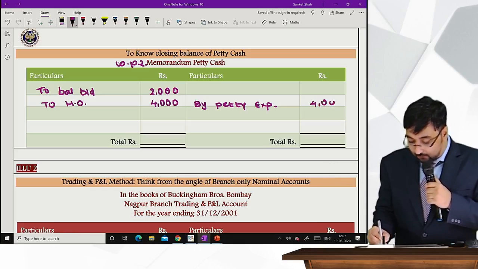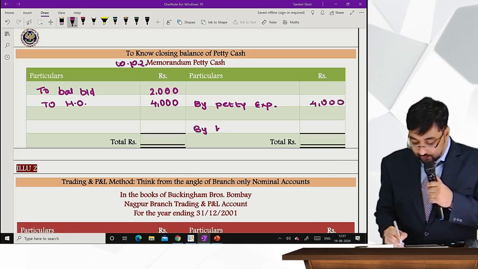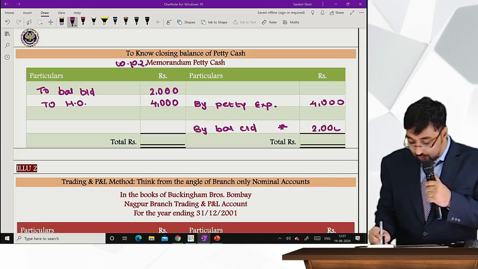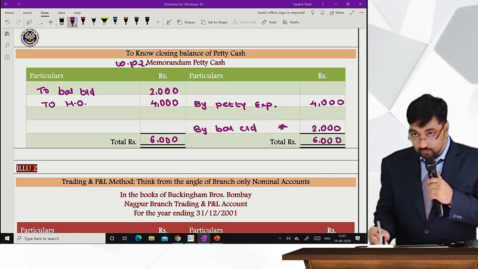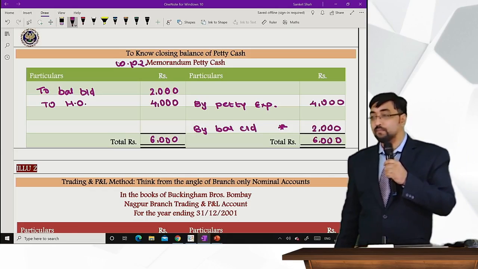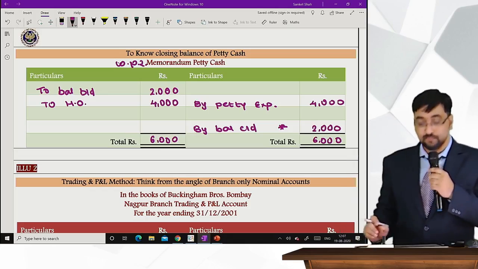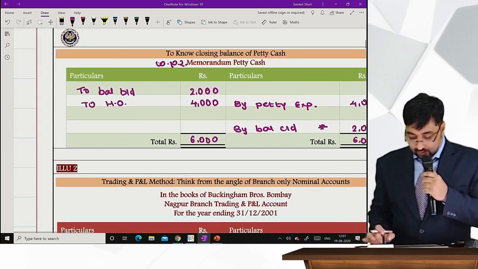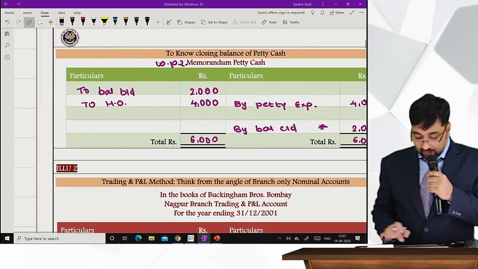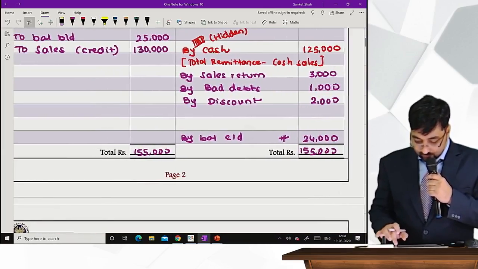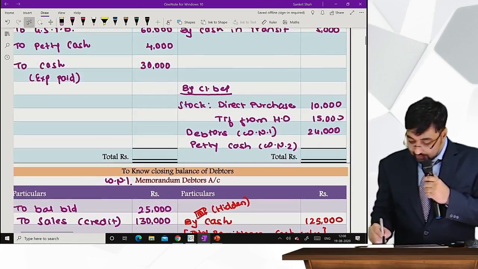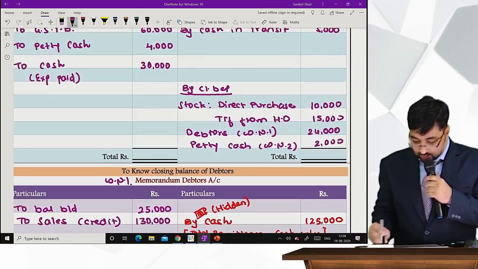Amount is again 4,000, and therefore you are getting closing balance same as opening balance, which is rupees 2,000. Easy. So 6,000 is the total, and now you can find out the profit. So petty cash closing balance is 2,000.